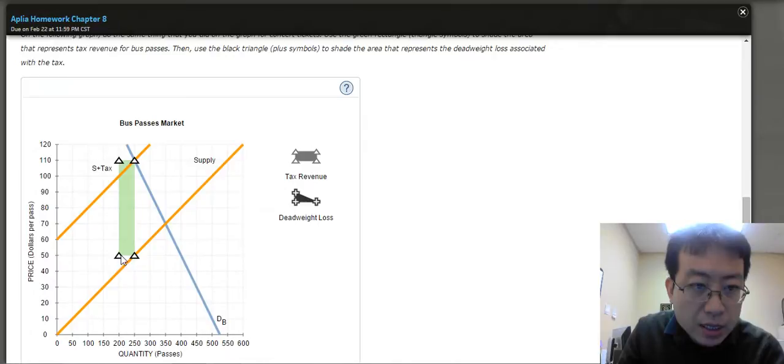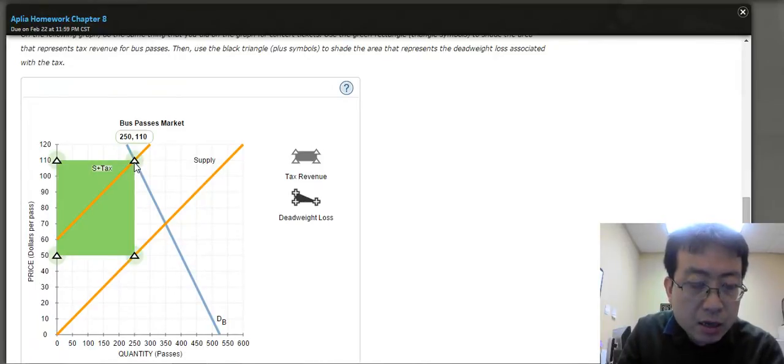That's the price, and the quantity also goes this way. So the tax rate is $60 per ticket, and the quantity will be from 0 to 250. That's your tax revenue, and then the deadweight loss will be this little triangle right here.